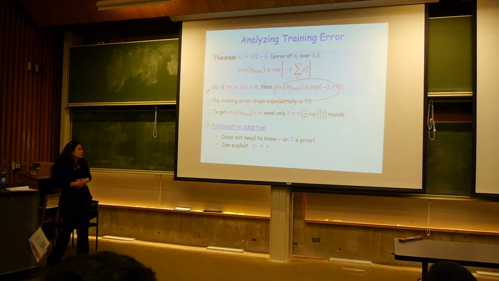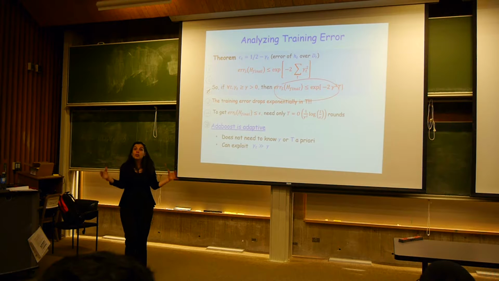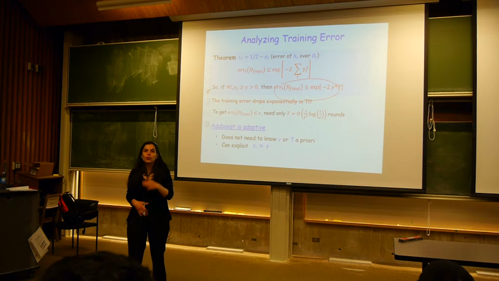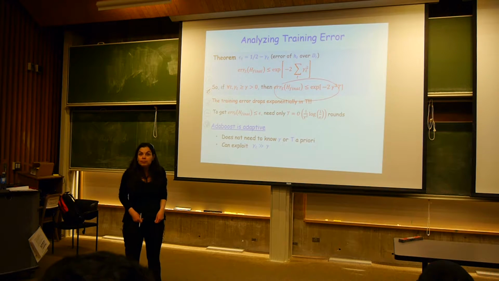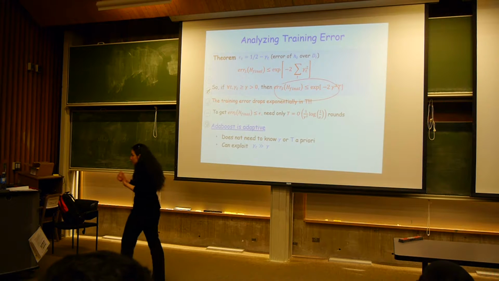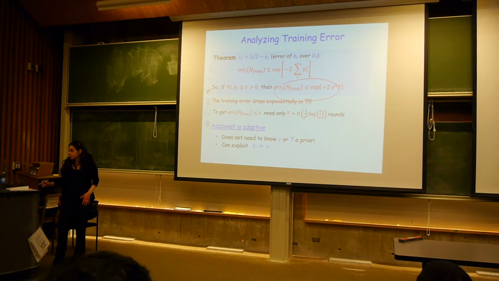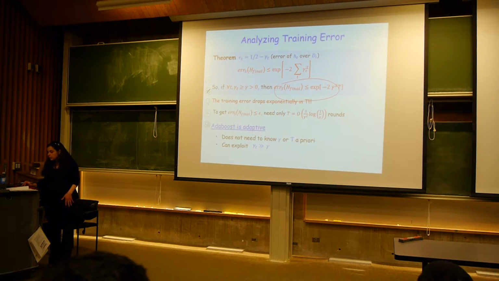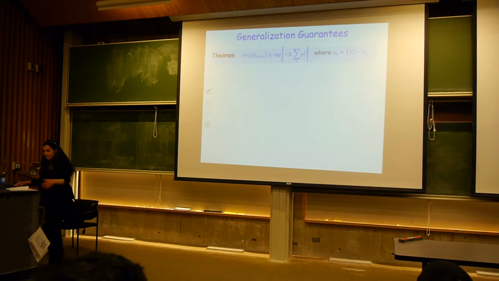But that's all about the empirical error. So to go back to your question, how about the generalization error? Because we always care about the generalization error. And here the story is really interesting, actually.